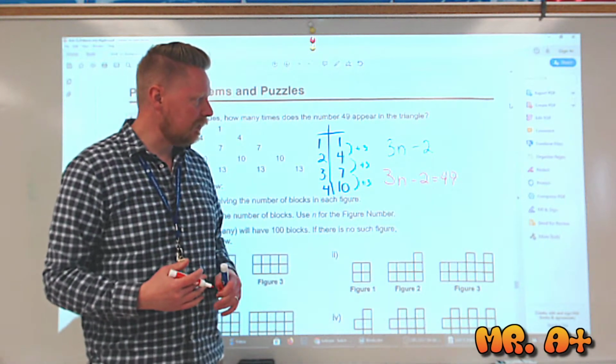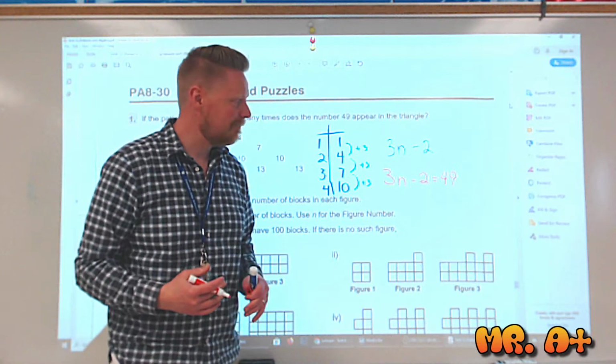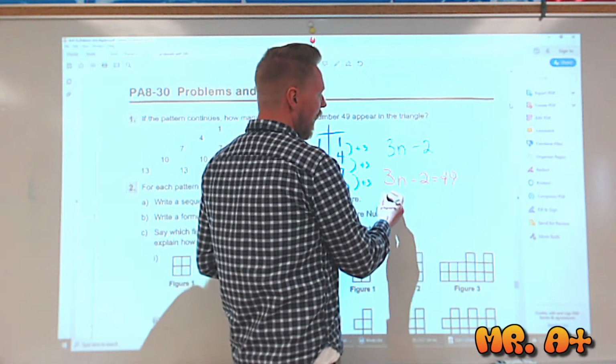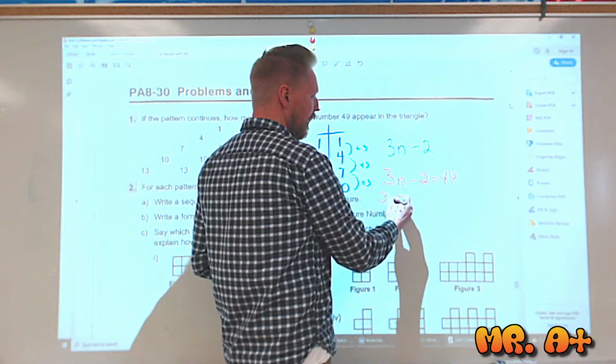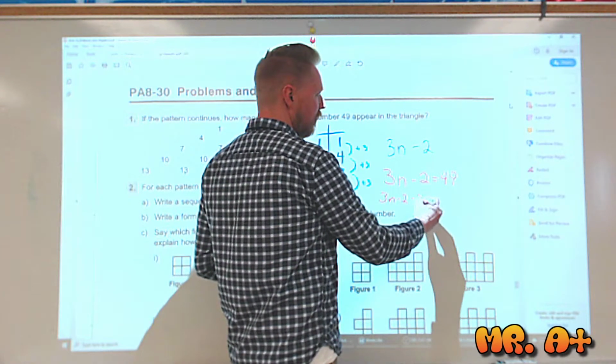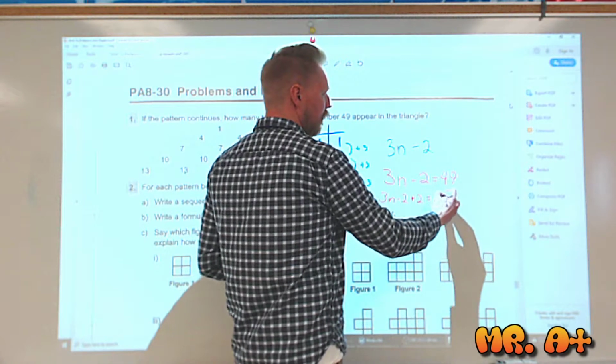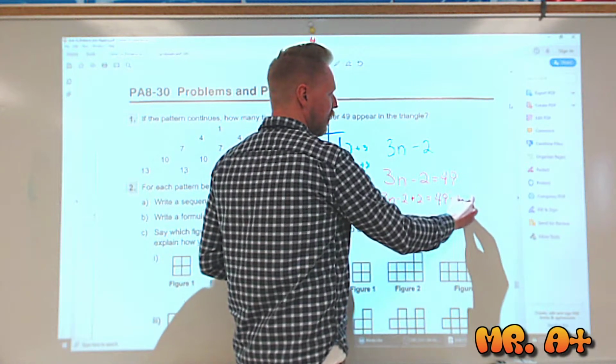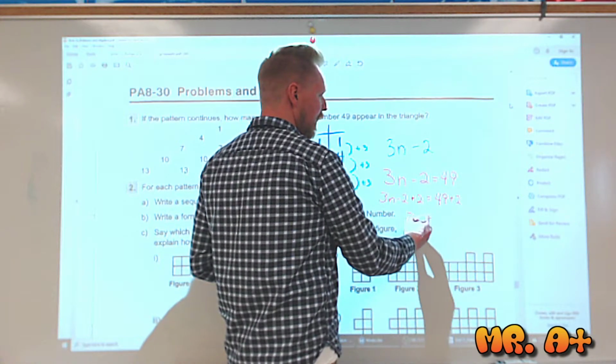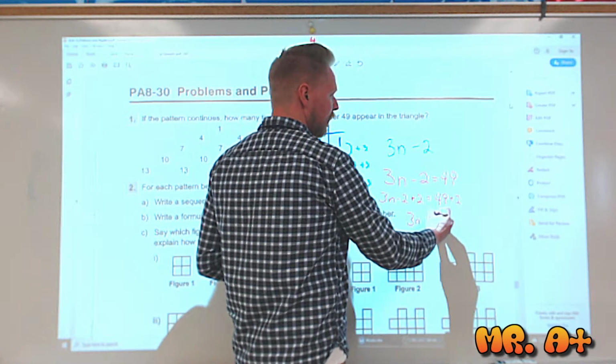I want to make sure that I'm preserving equality, so I'm going to add 2 to both sides. So 3n subtract 2, plus 2, equals 49 plus 2. 3n equals 51.